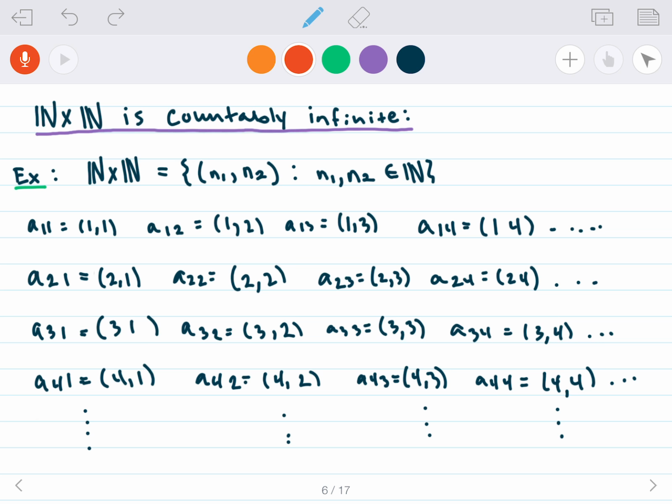And so we need to construct a bijection to show that we can list all of these elements. There are a few different ways you can do this, but let's start with this as natural number 1, and then go here so that this is natural number 2, and then turn back to the diagonal.